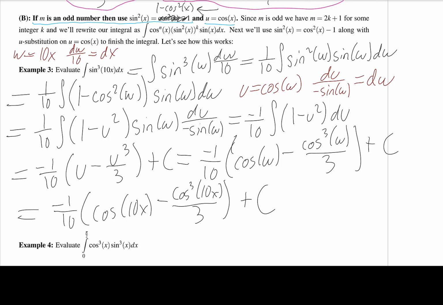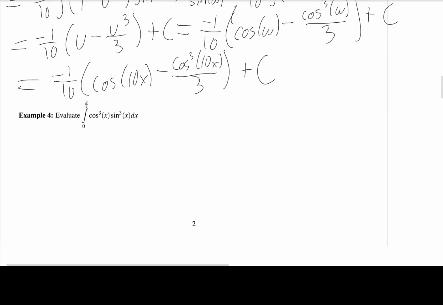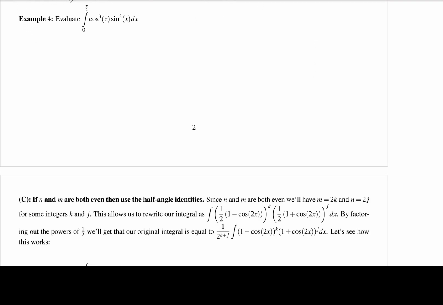Okay, and so now we'll try another example of how we use m having an odd power on what's going to be a definite integral. A good thing to keep in mind, look at this one right here. Cosine has an odd power and sine has an odd power.